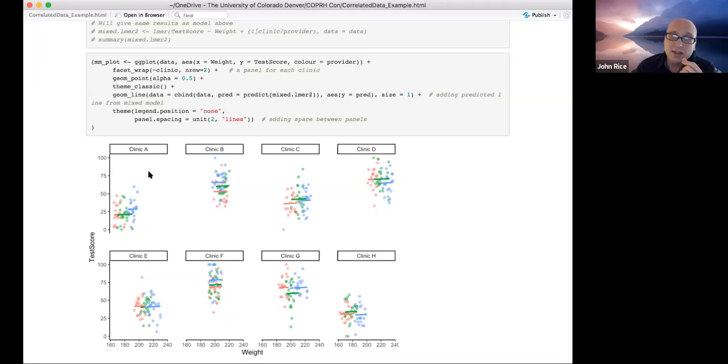So when you do account for the clustering within clinic, and again, here we're also accounting for the clustering within provider, you can see that these individual regression lines that are predicted from the mixed model are pretty flat. So within a clinic and provider potentially, you no longer have a positive association. That positive association between weight and test score really only arises because we neglected to account for the correlation within clinics.